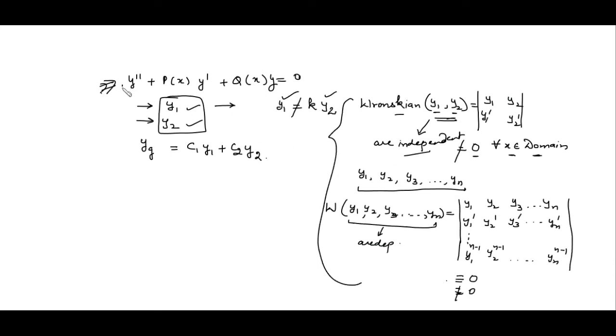So we have this second order homogeneous differential equation, and we want to solve it, we want to find the general solution of this differential equation. So we need to find y1 and y2.